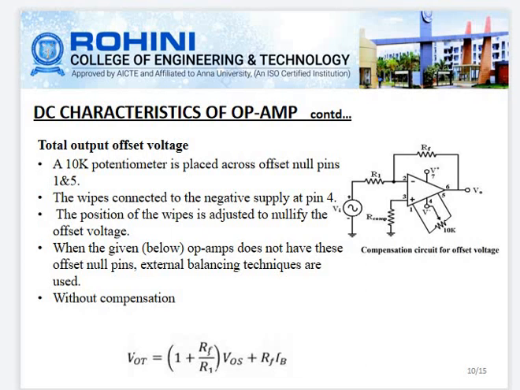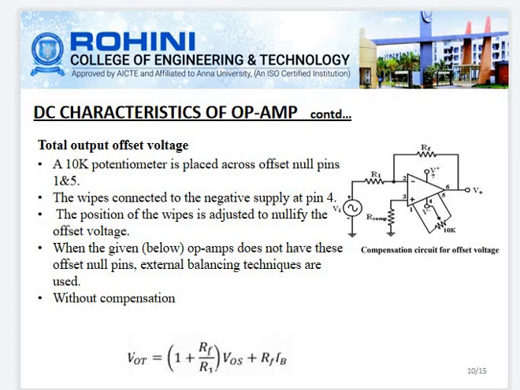To nullify the total output offset voltage, a 10 kilo ohm potentiometer is placed across offset null pins 1 and 5 of the operational amplifier. The wiper is connected to the negative supply, pin number 4. The position of the wiper is adjusted to nullify the offset voltage. When the given op-amp does not have these offset null pins, external balancing techniques are used.